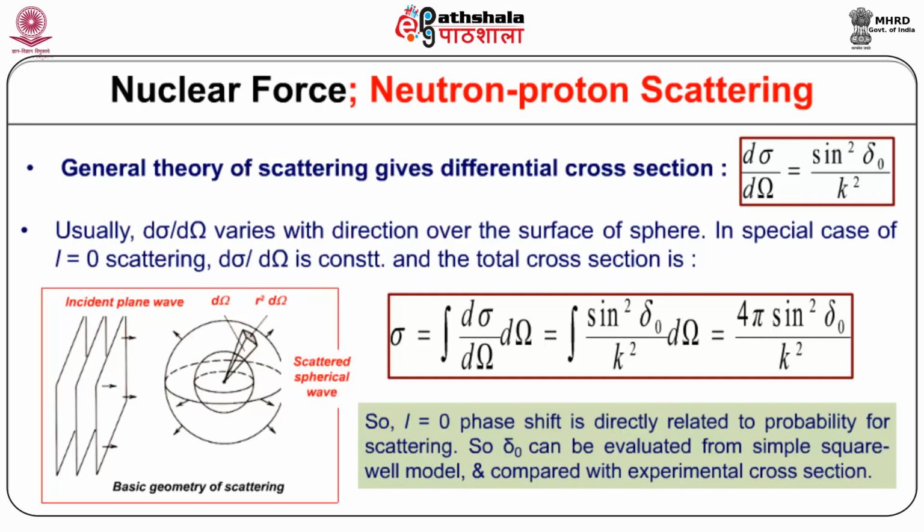It means the cross section of NP scattering at low energy is a function of phase shift. Phase shift is important. For L equal to 0, phase shift is directly related to the probability for scattering. So delta 0 can be evaluated from simple square well potential and compared with experimental cross section.